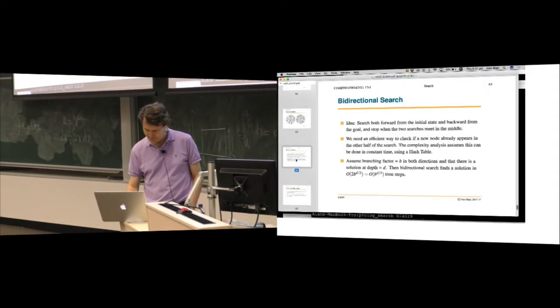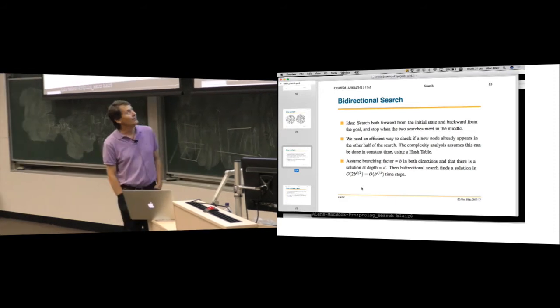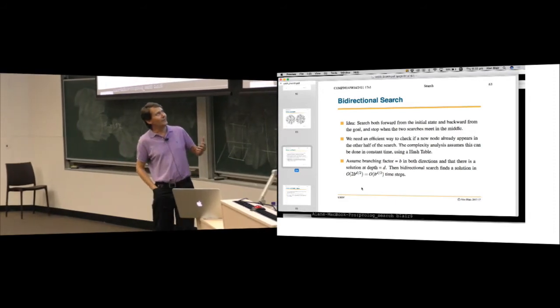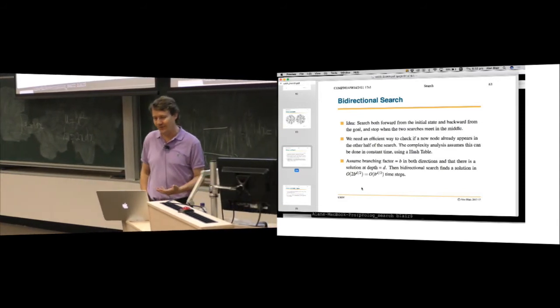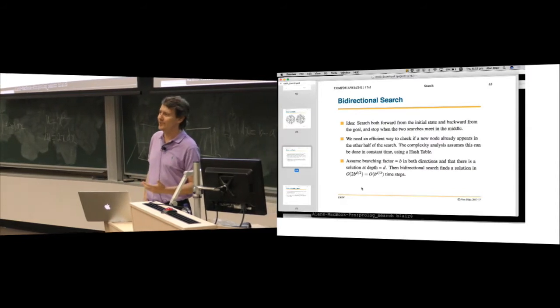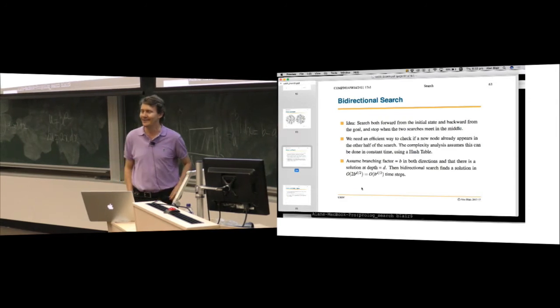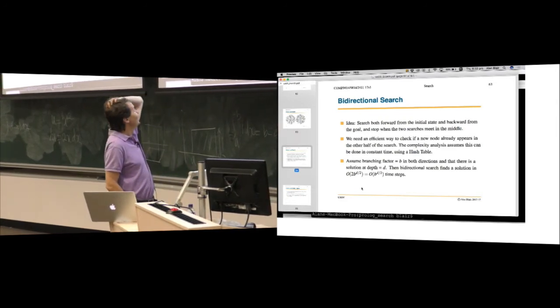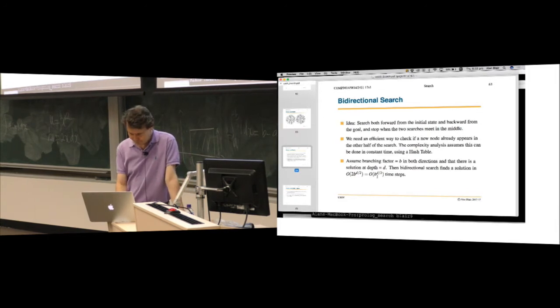And so the time complexity of this is order 2 times B to the D over 2, which is the same as B to the D over 2. So this is a lot smaller than, for example, if B was 10 and D was 12, then you're expanding 2 million nodes instead of 1 trillion nodes. So I think I got that right. If it's a big branching factor, this can be a huge saving.